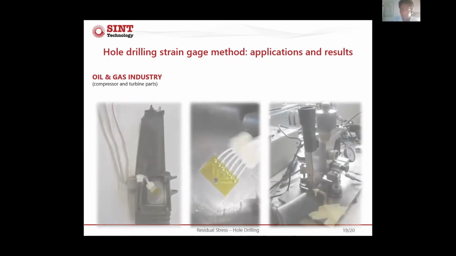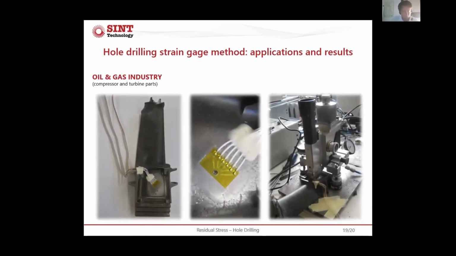And finally, very final example, just to give a final idea. This is an oil and gas industry application. This is a turbine blade where, for the same reason, a shot peening process was applied.